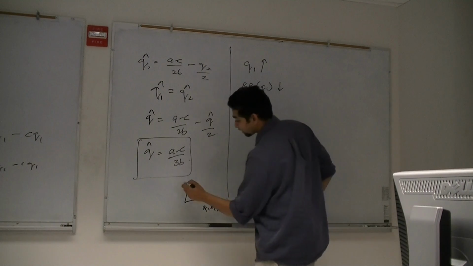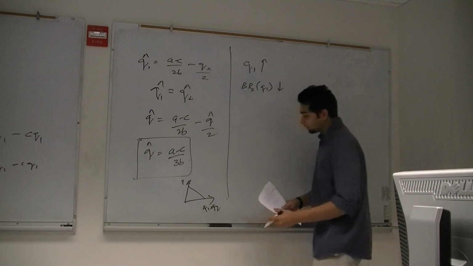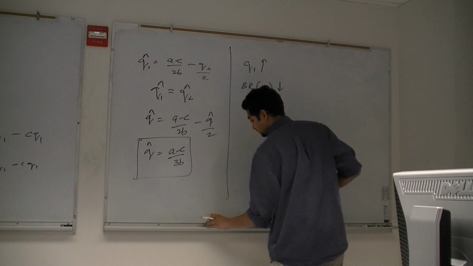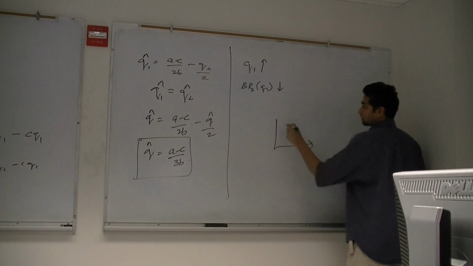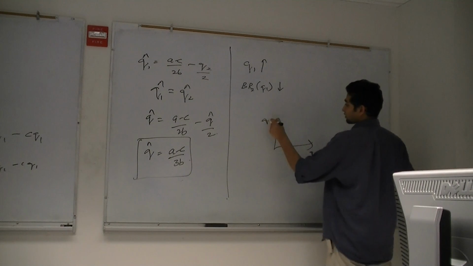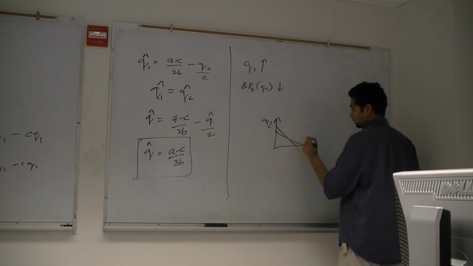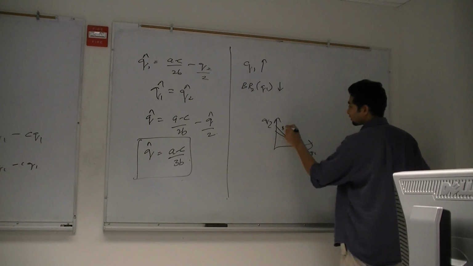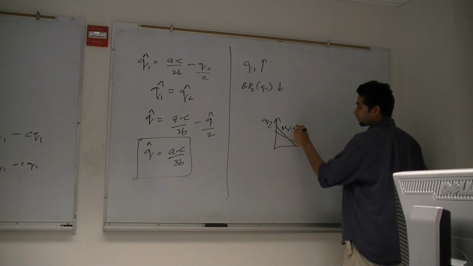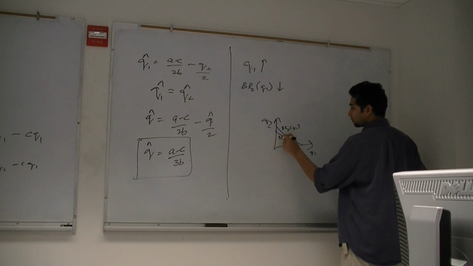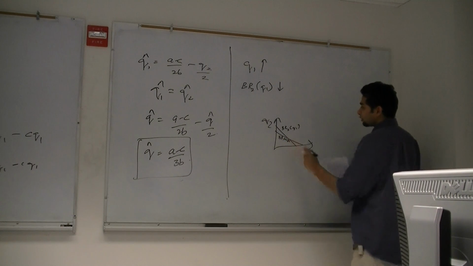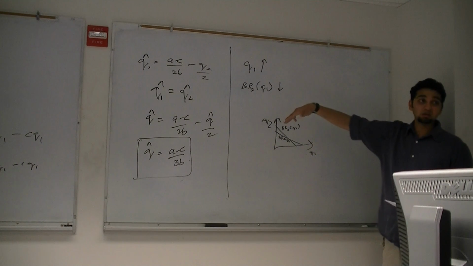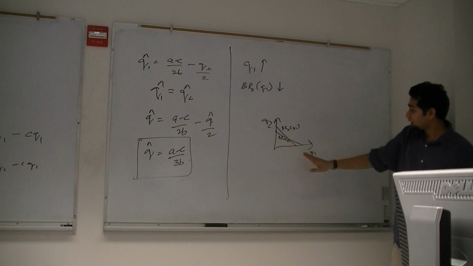Q2, and this is the price. So I think this is the best response R2 of Q1. This is the other firm's best response according to that particular equation, right?